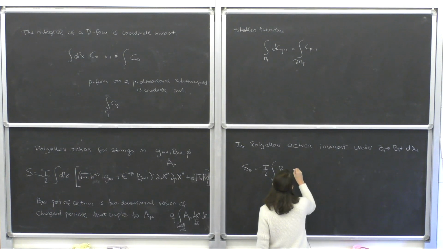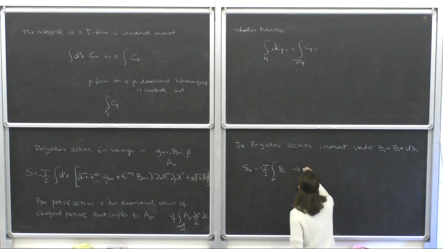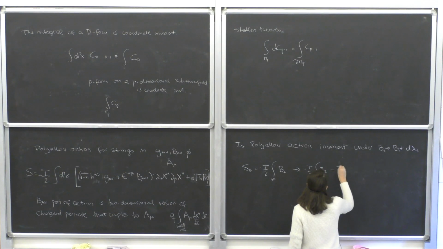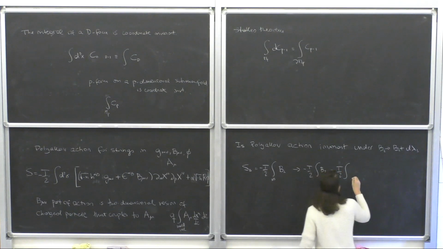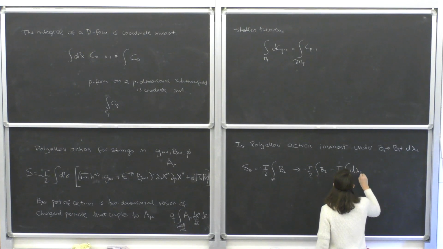So under this gauge transformation, this goes to minus T over 2 integral over the worldsheet of B2 plus d lambda 1.